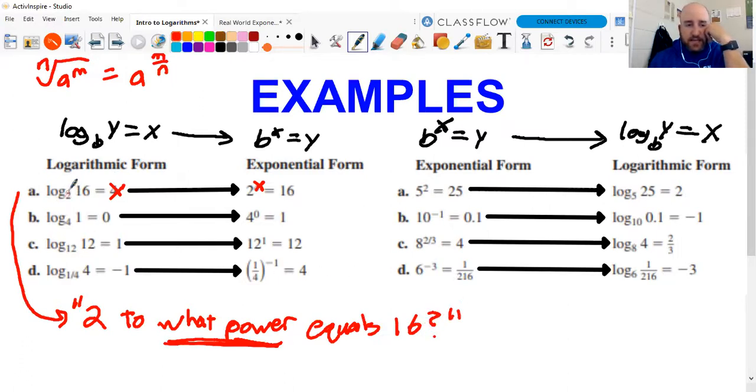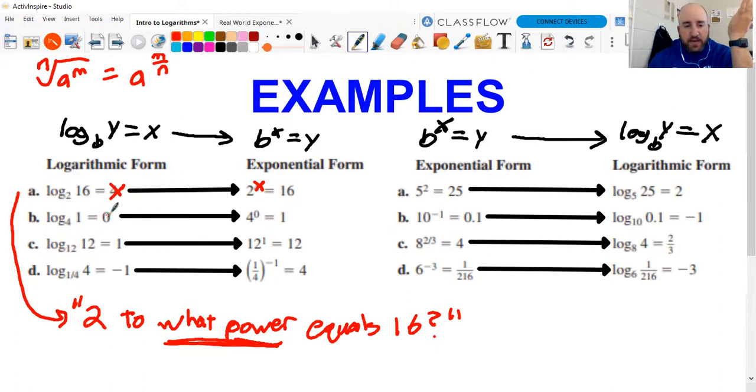That's all the logarithm is asking. 2 to what power over here is equal to 16? That's all it's asking, okay? Just took this and rewrote it. Log base 2 of 16 equals x. 2 to the x power equals 16. It's just rewritten. It's asking the same question. Logarithm's not a scary thing, guys, as long as you understand it. That's all it's asking. 2 to what power equals 16, okay?